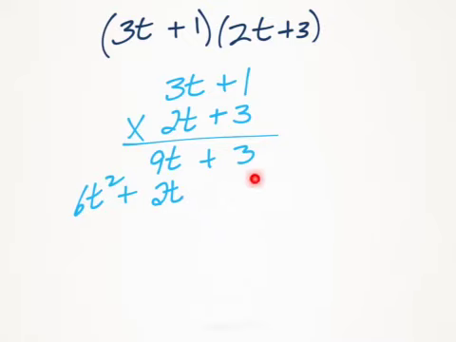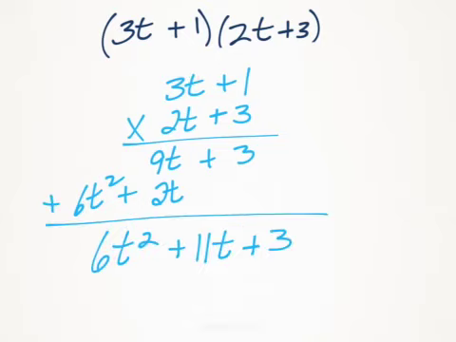There is no whole number over here, so I moved everything over so I can combine like terms. 2t times 1 is 2t, and then 3t times 2t is 6t squared. Finally, I simplify and I get 6t squared plus 11t plus 3.